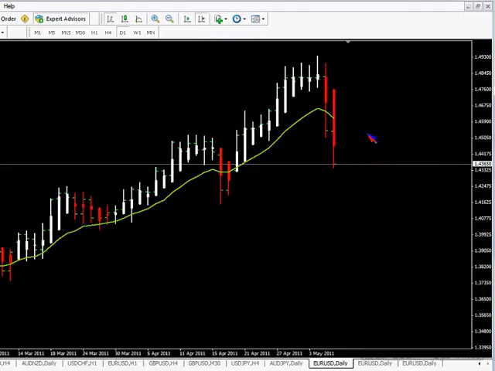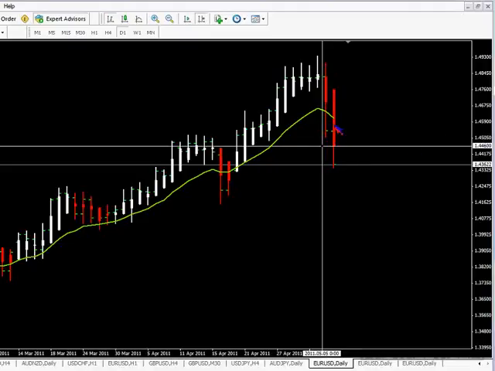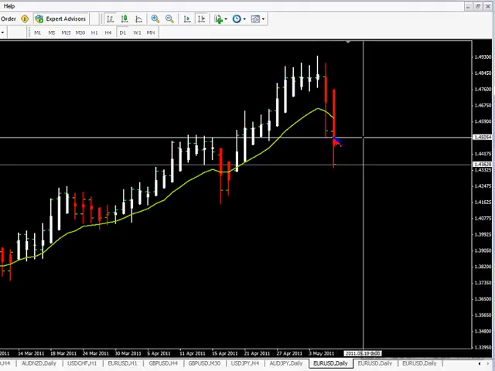We need a second candle, okay? Anyway, we need to wait for this second candle to break below the lowest price of the previous one, okay? We need to wait for the second red candle to break below the low of the first one, okay?